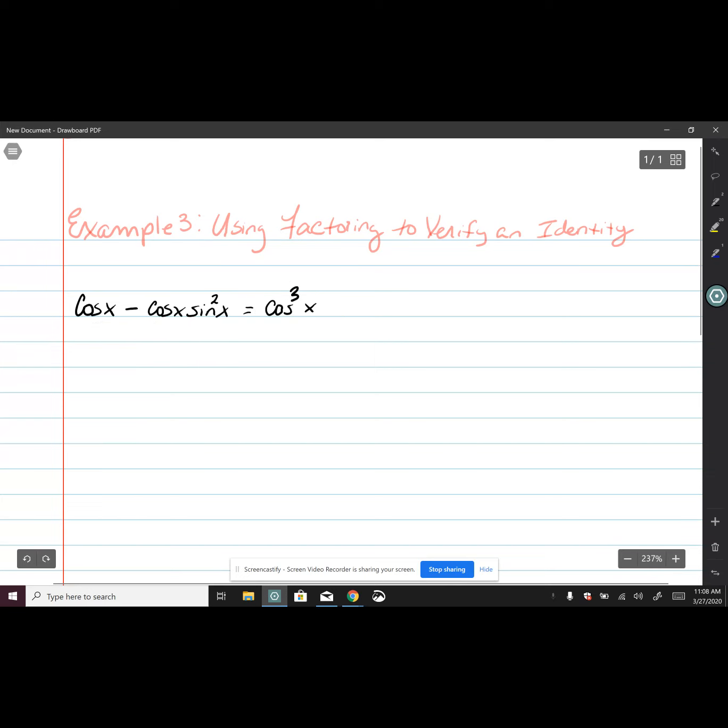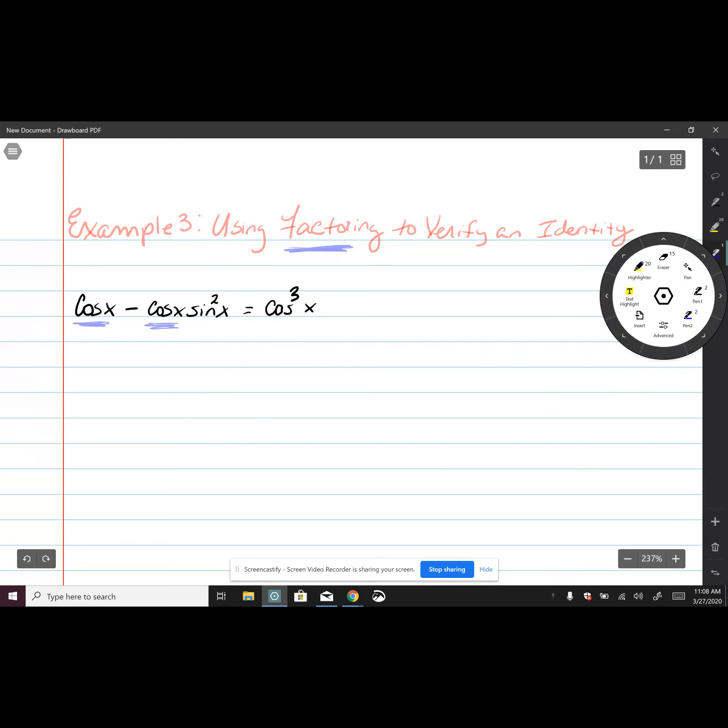And the biggest hint, especially in the example title, is I've got one thing in common with these two terms. If I try to work this problem as it is, there's not much I can do, but I do know I've got something in common on both. I've got that cosine here and that cosine here. And looking at the title of this, we're going to be using factoring.